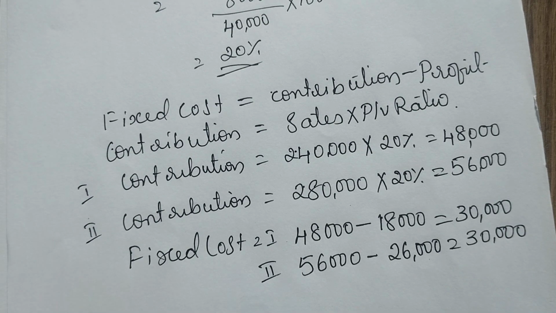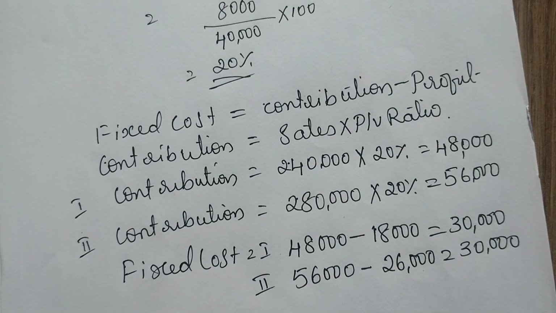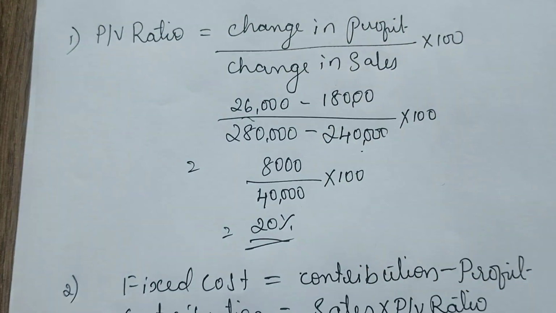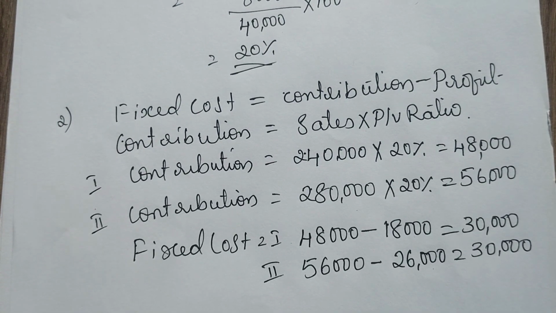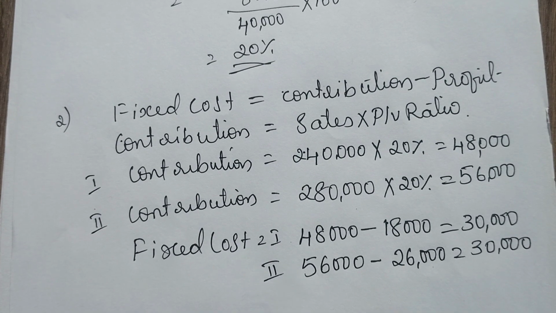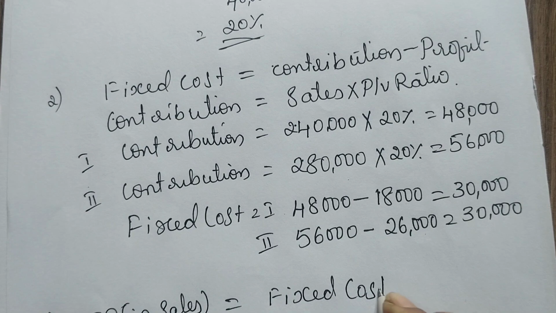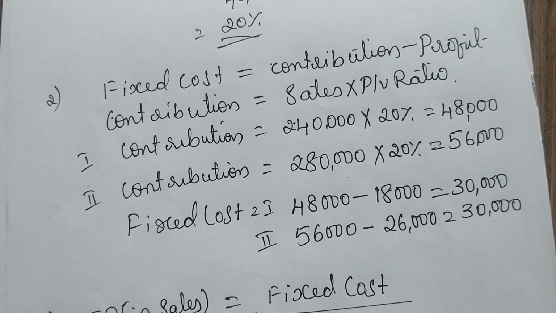Let us calculate break even point for sale. First we calculated PV ratio, then we calculated fixed cost. Now we are calculating break even in sales. Break even in sales formula is fixed cost divided by PV ratio.